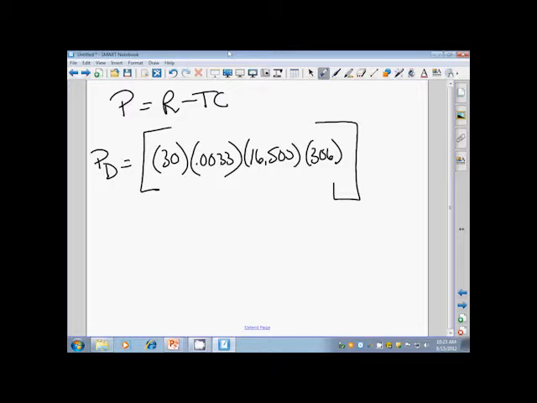I want to subtract from that my total cost. Well, what makes up total cost? Total costs are equal to our variable cost plus our fixed cost. So let's see. My variable cost. Well, what does it cost me to get the merchandise that I'm selling? 50% of what the median price was.